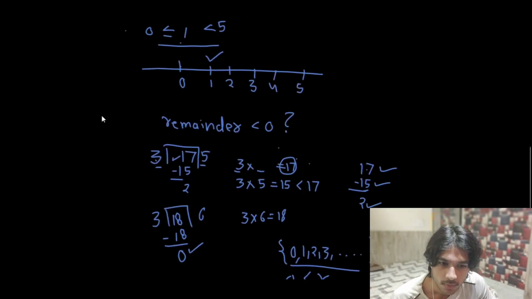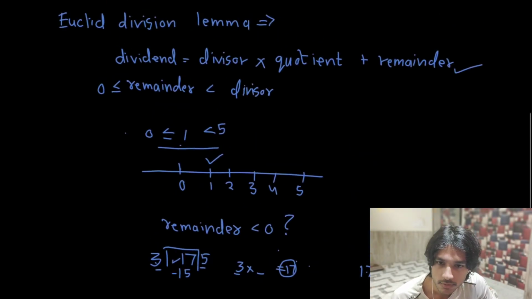So, okay, my page ended. I will simply jump to the next page. Let's change the color. So that is simply what Euclid's division lemma is: dividend is equal to divisor multiplied by quotient plus remainder, and you will always have to remember this, the remainder is less than the divisor, strictly less than the divisor, and it is greater than or equal to 0.